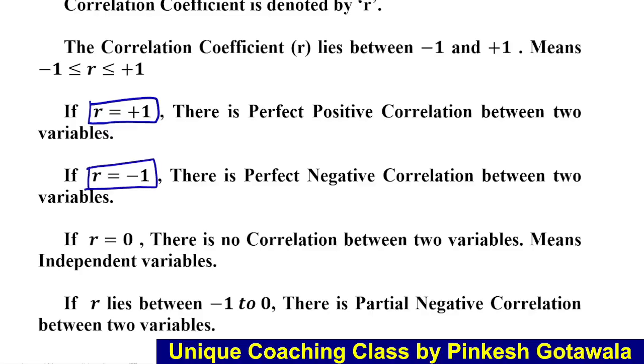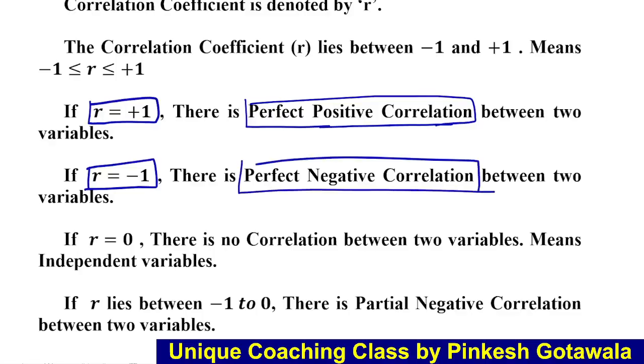In case it is +1, there is a positive correlation, but +1 means perfect positive correlation between two variables, and R equal to -1 means perfect negative correlation. Clear? If +1 then perfect positive correlation, if -1 perfect negative correlation.